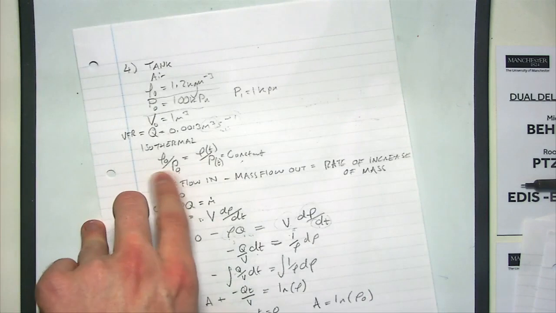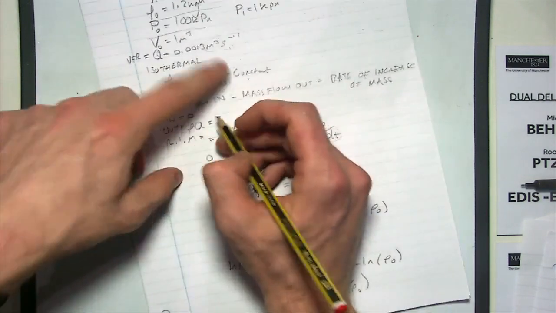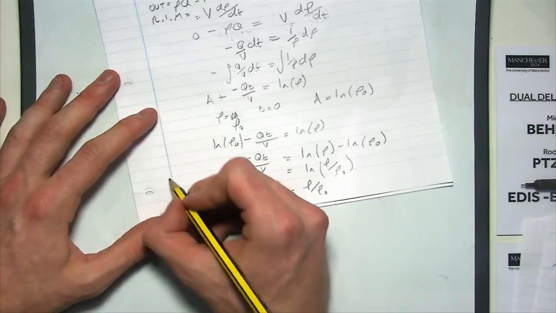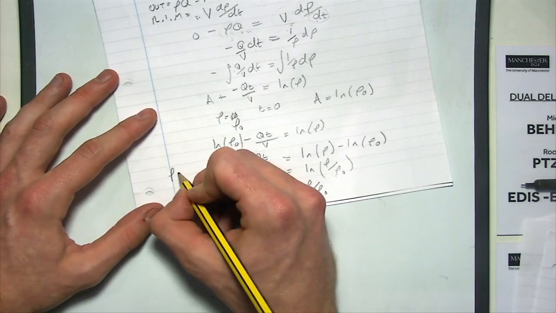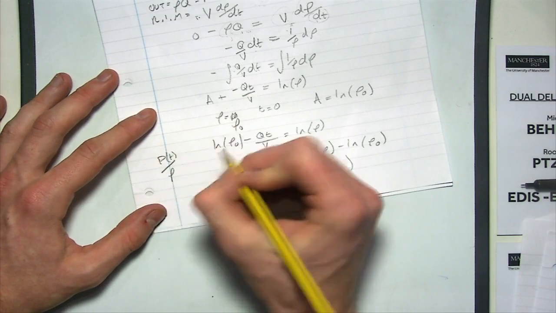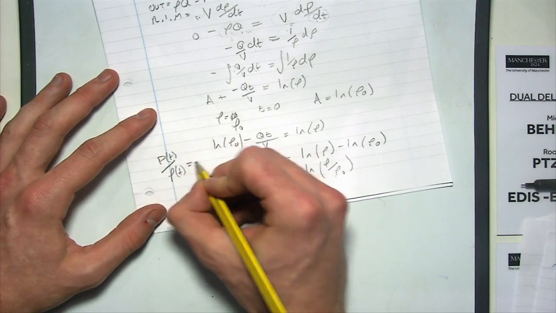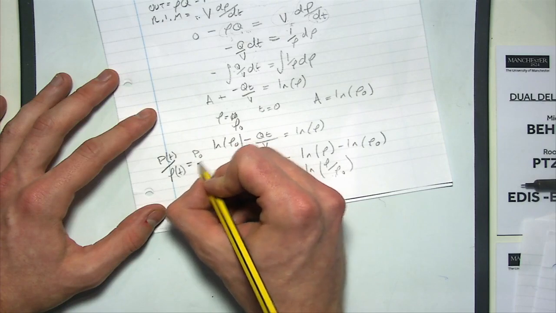And remember that we've got this equality up here, right? If we rearrange this equality, I'm going to write it here, we've got rho, which way around is it? P over rho, remember I've just inverted these, is equal to P0 over rho 0.